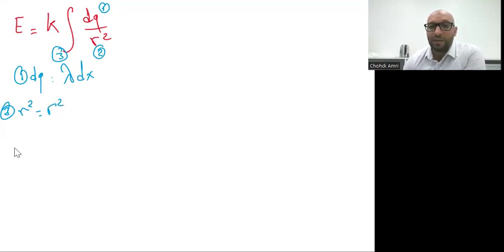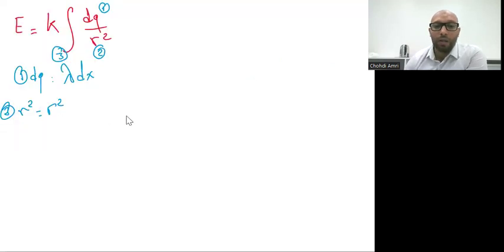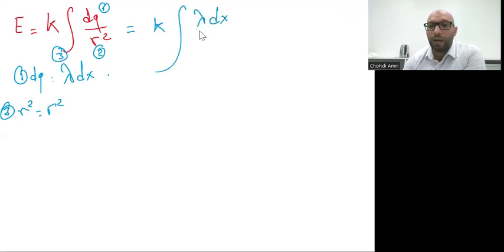What about the limits of the integration? We said our charge can vary from A to A plus L. So we can write our integral as K integral of lambda dx divided by x squared, from A to A plus L.